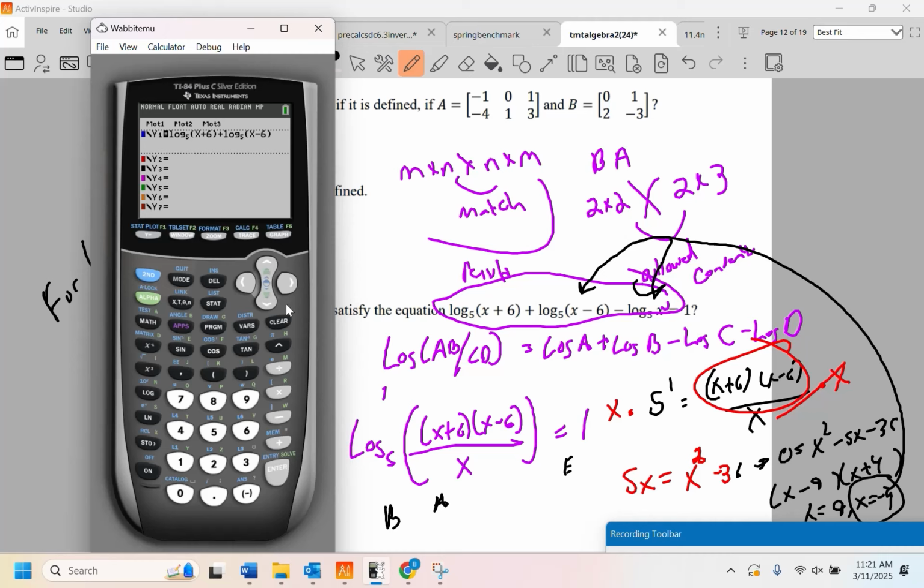And then we have minus log base 5 of x. So minus math, log base 5 of x, and that quantity equals 1. And then we do a zoom 6.